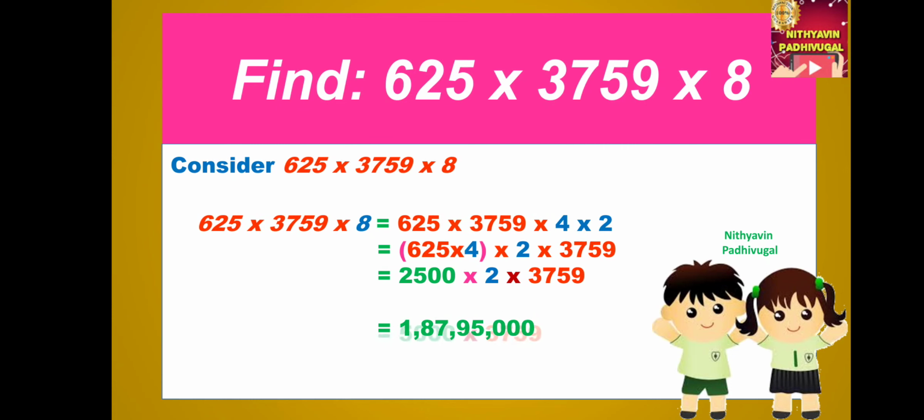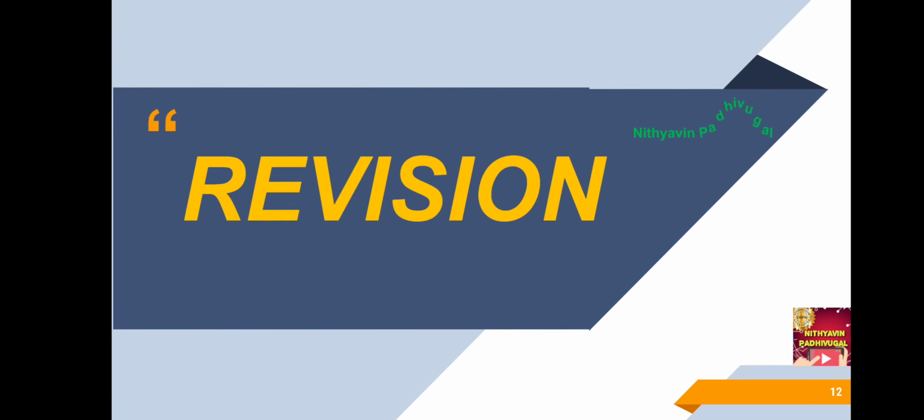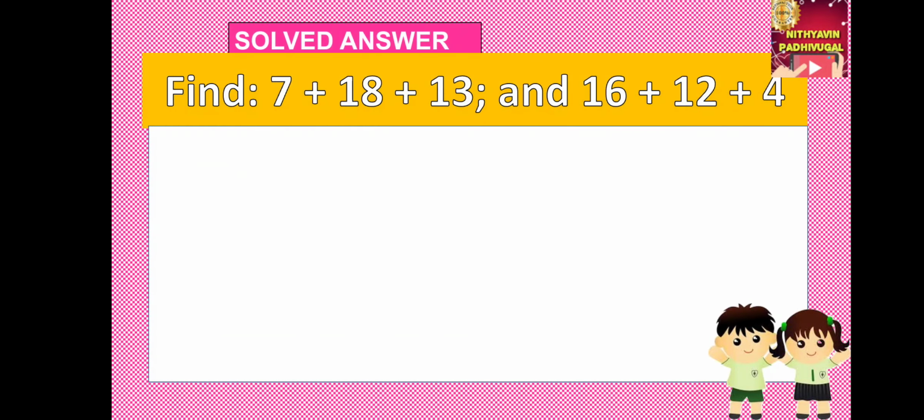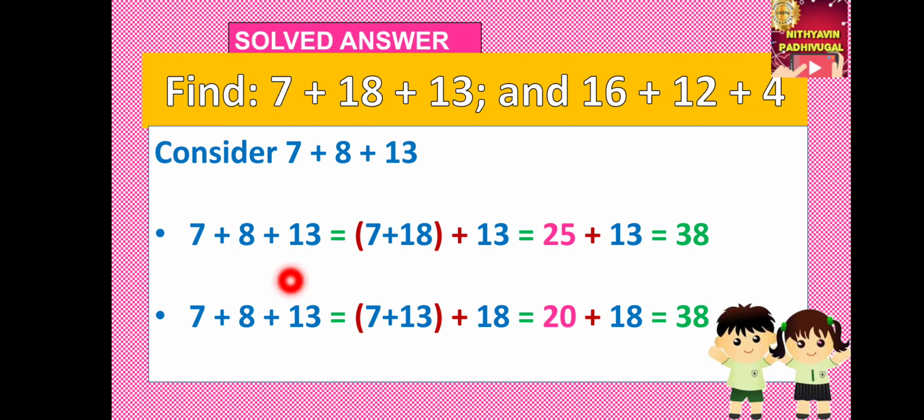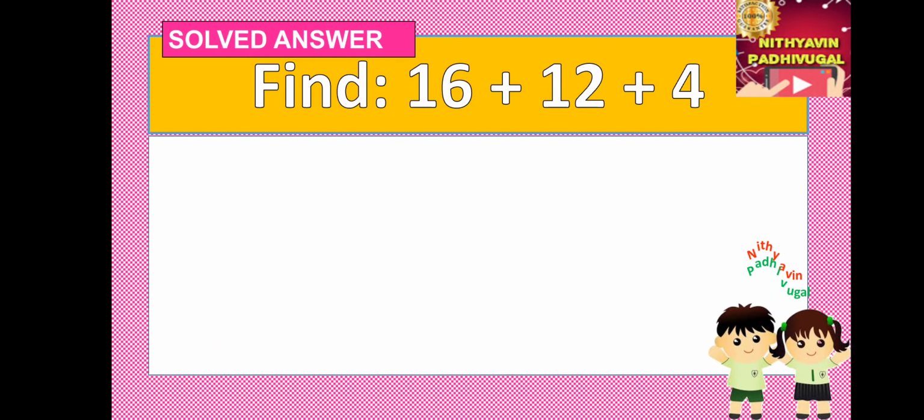See, so this is the process. Time for revision. The first method we did actual multiplication. Then for our convenience we used the commutative property.